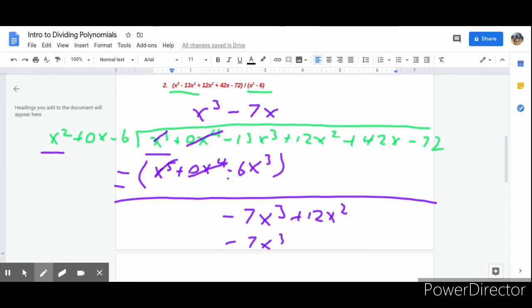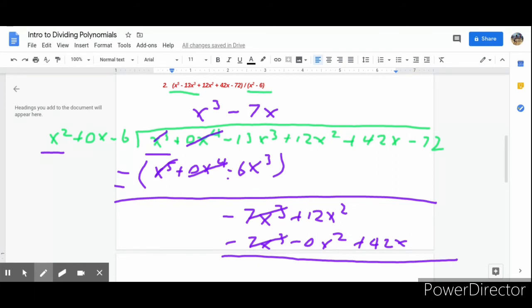And then negative 7x times 0x equals negative 0x squared. And then negative 7x times negative 6. Negative times negative equals positive. So that's positive 42x. So then here, the 7x will cancel out.